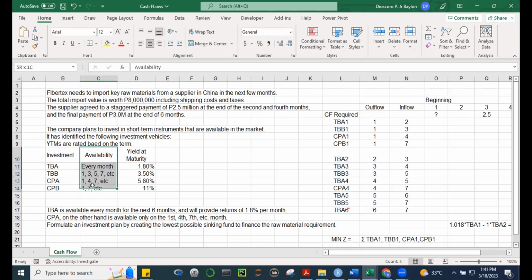Okay, we're given here the availability. Okay, also for TBA4, this occurs every 4 months.